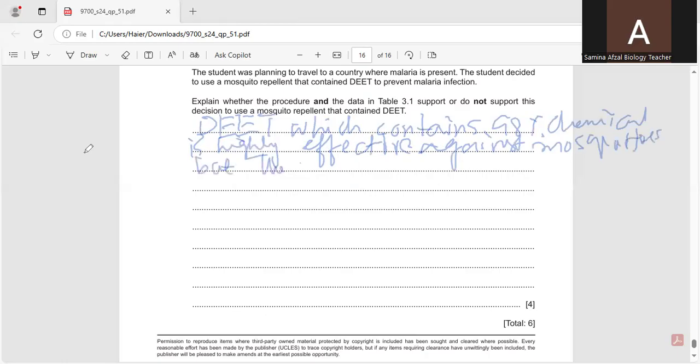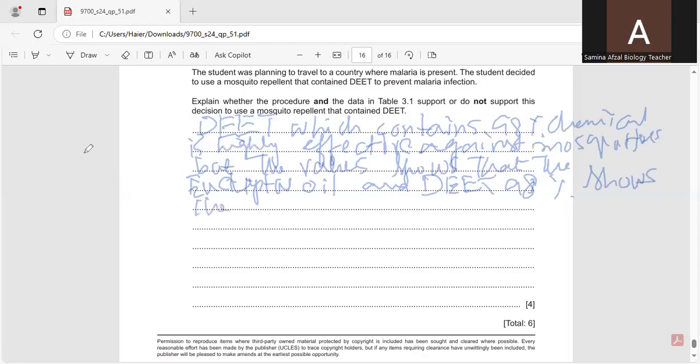But the values show that lemon eucalyptus oil and DEET 98% show the same or closely same values.